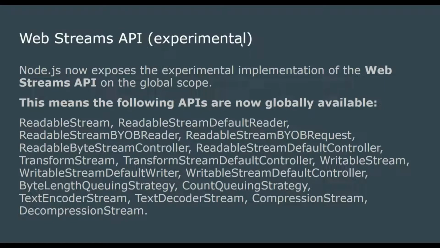All these APIs will be available as global APIs, like ReadableStream, ReadableStreamDefaultReader, TextDecoderStream, CompressionStream, and DecompressionStream, and many more. These web stream APIs will be available globally as part of Node.js 18. This is also a big announcement, and it is in experimental mode at the moment.